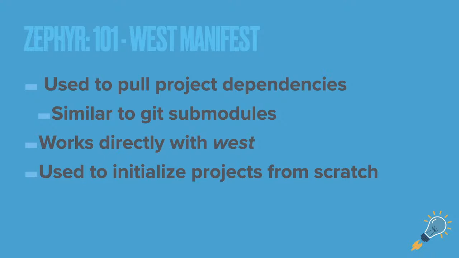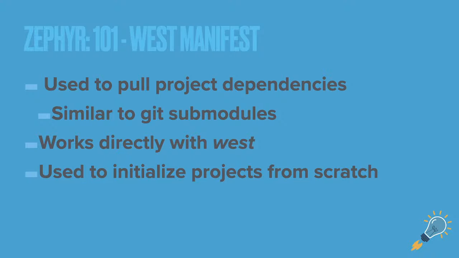As you'd expect, from last week, I introduced West. West is our go-to tool for pulling in project dependencies before you get started programming. You can also use West in this case to use the project manifest to initialize the project from scratch.